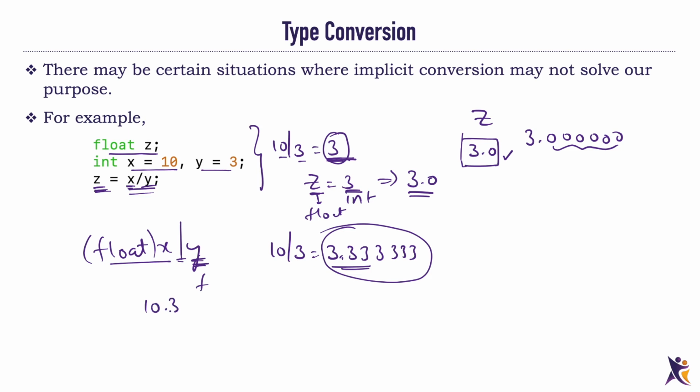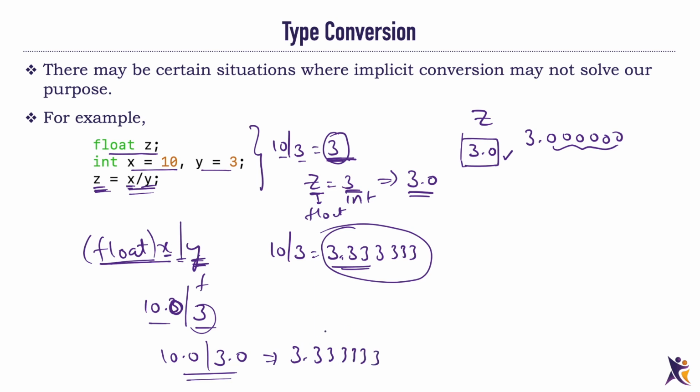So what it does is, after specifying to the compiler to consider x as float, it will take 10.0, then 3, right? So here 10.0 is float and 3 is an integer. By the implicit conversion, it converts this also into float, 3.0, right? So 10.0 by 3.0 will give me 3.333333, right?